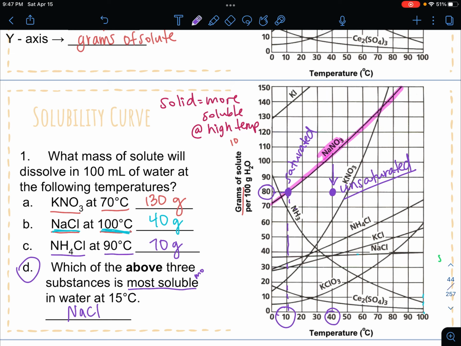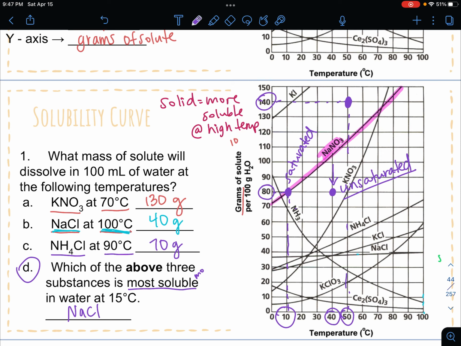Okay. If you have a dot above the line, let's say here, let's say it's 50 degrees Celsius, right? So we've gone up and it's 140 grams. Okay, so this is our intersecting point here.